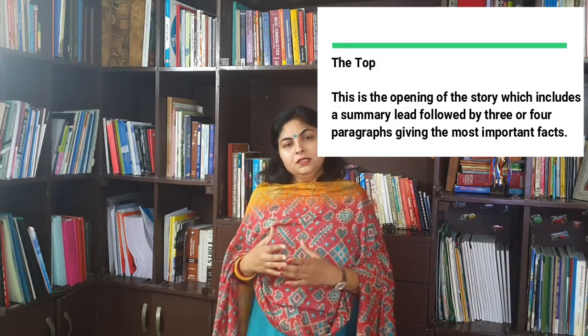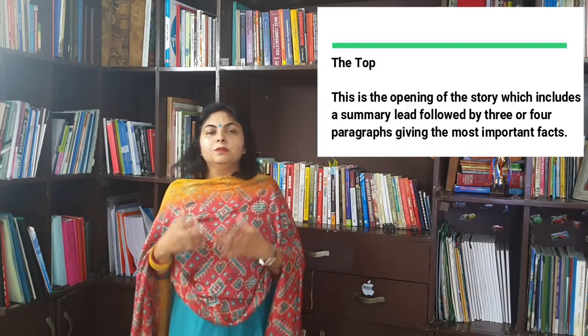The lead of the article consists of the basic news in a concise manner, and it informs the reader of the news events in the minimum possible space, in the minimum possible words, and quenches the curiosity of the reader.